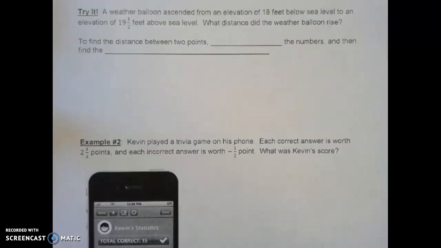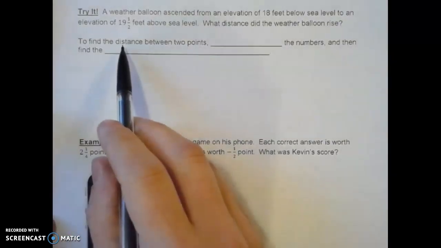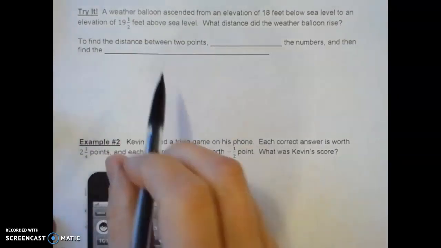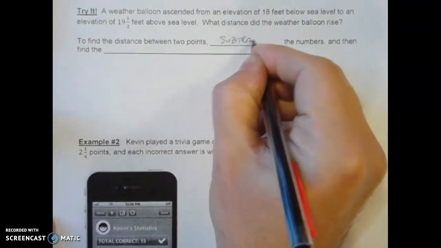In the next problem, you're told that a weather balloon ascended from an elevation of 18 feet below sea level to an elevation of 19.5 feet above sea level. And they want to know, what distance did the weather balloon rise? And in order to remember what we did last time, to find the distance between 2 points, all you're going to do is subtract the numbers.